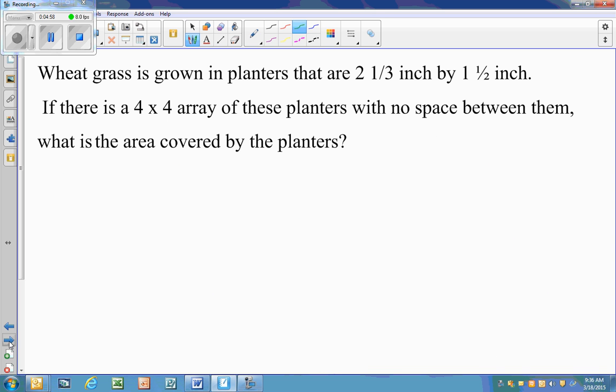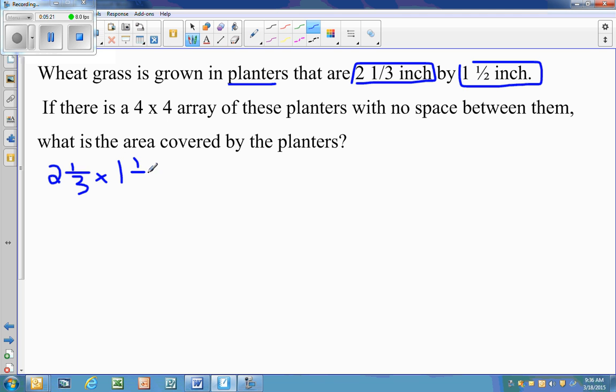And the last question on our review is a word problem we have to read through carefully. It says wheatgrass is grown in planters and that the planters are 2 1/3 inch by 1 1/2 inch. So we're going to start by finding the area of that. So the area is 2 1/3 inch times 1 1/2 inch.